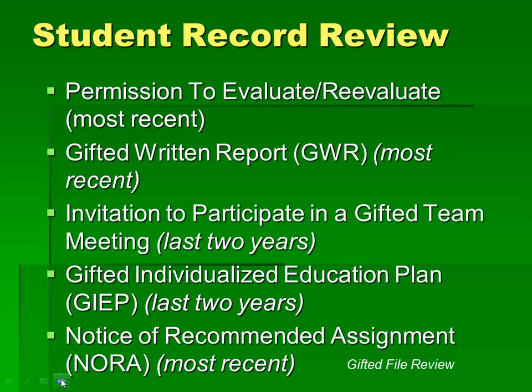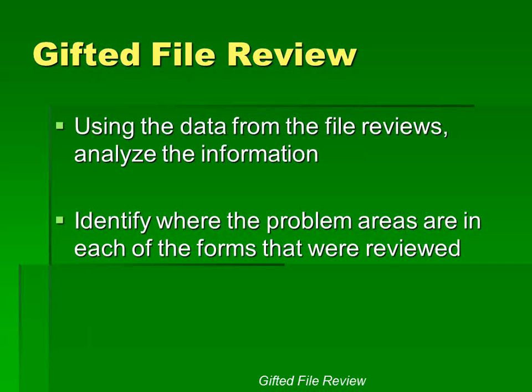And I think we are also going to put it by forms too, so we can see if there's any particular form which is causing more problems. Because when I come back to review, then I could tell you, okay, I'm just going to be looking at GIEPs and NORAs, or I'm just going to be looking at permission to evaluate in GIEPs. Almost always I'm looking at GIEPs. That's almost a given.